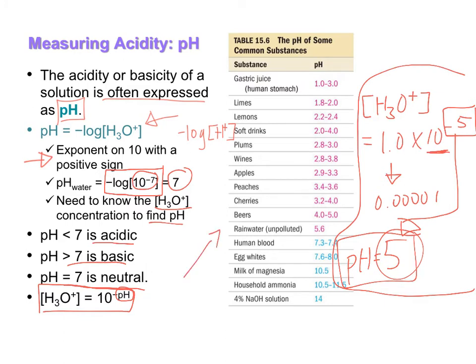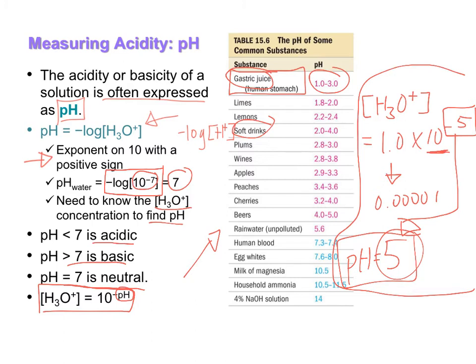Here we have some general pHs of very common substances. The gastric juice, the acid in your stomach, has a pH of 1 to 3. That is extremely low. The pH of sodas is between 2 and 4, very acidic.